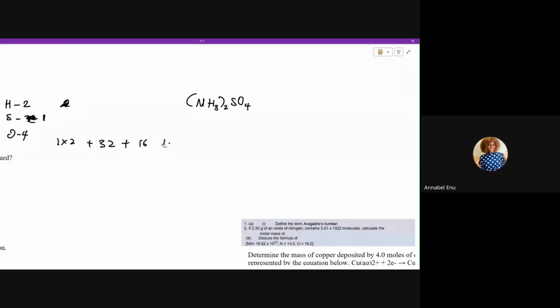Someone should tell us the molar mass for this. Nitrogen is 14, hydrogen is 1, sulfur is 32, and oxygen is 16.